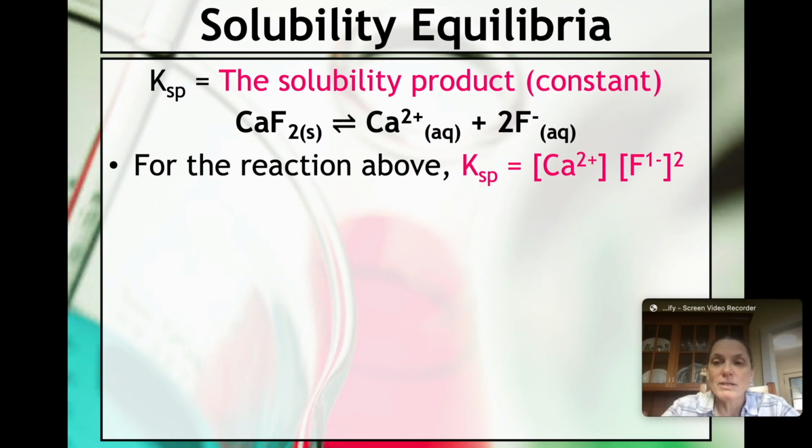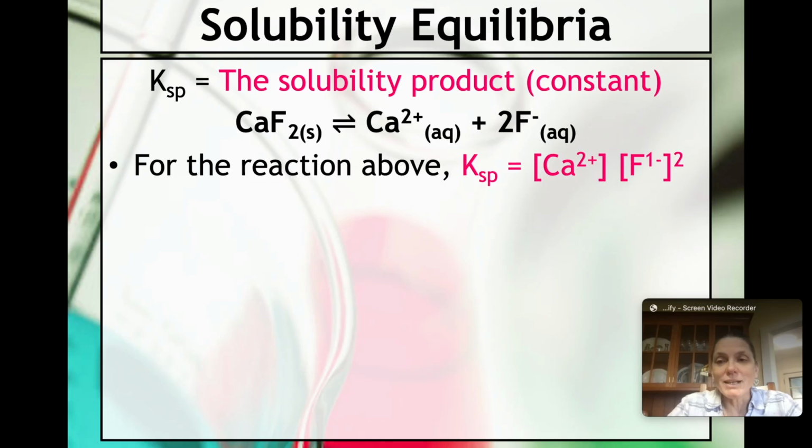So our Ksp expression is just our equilibrium expression. We have products over reactants, and remember that we don't put solids in the equilibrium expression. So there's nothing in the denominator for this Ksp expression, because the products are the soluble ions and the reactant is a pure substance, the solid.